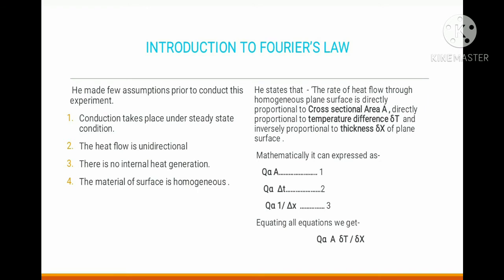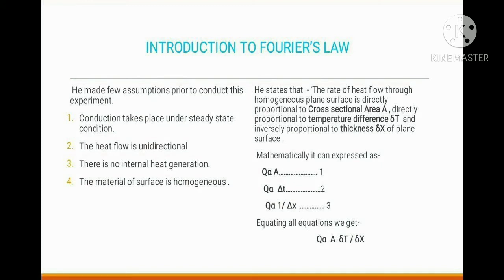Second, the heat flow takes place only unidirectionally, meaning heat is transferred from one side of the plane to the other in a straight line, not in a zigzag or curved manner. The flow of heat is always unidirectional, so there is no possibility of heat flowing back.